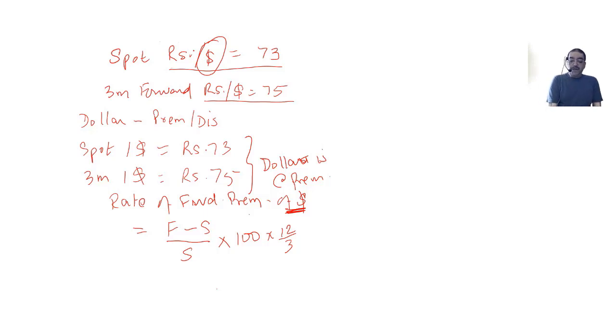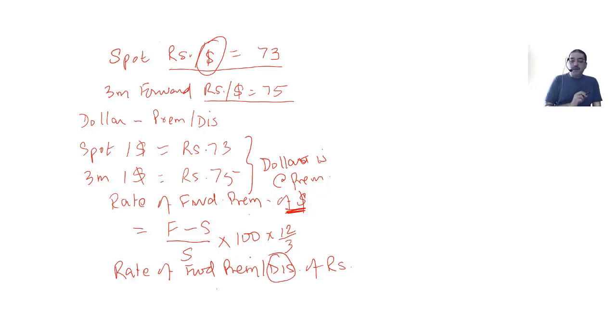But if I ask you the rate of forward premium or discount of rupee, then you will say, sir, if dollar is at premium, then rupee is at discount. Fine.